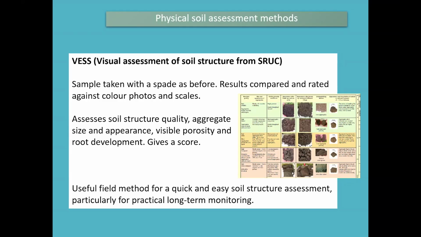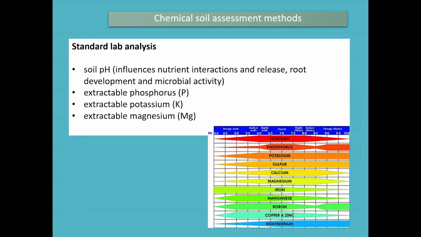And it's useful for long-term monitoring because you can keep your recorded scores and then do it again in 2 years, 3 years, 4 years and see whether you've got an improvement. Can't really say a lot more without showing it to you done in the field, which is what I normally do. And then in terms of chemical soil assessment methods, that's basically lab tests.